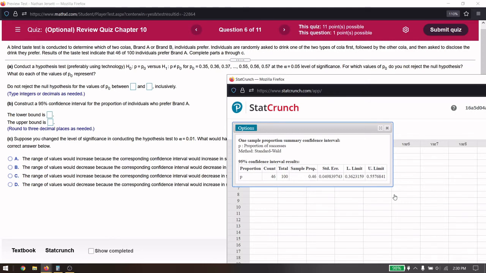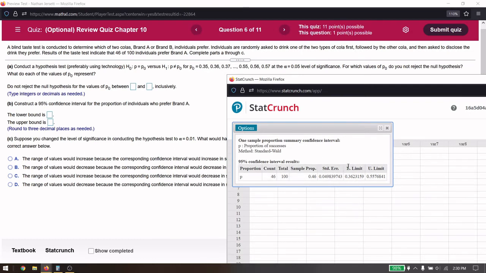Therefore, they are assumed to be just variance for being close to the mean, but they all satisfy the null hypothesis. So we do not reject the null hypothesis between, and again, we're talking about these values here.